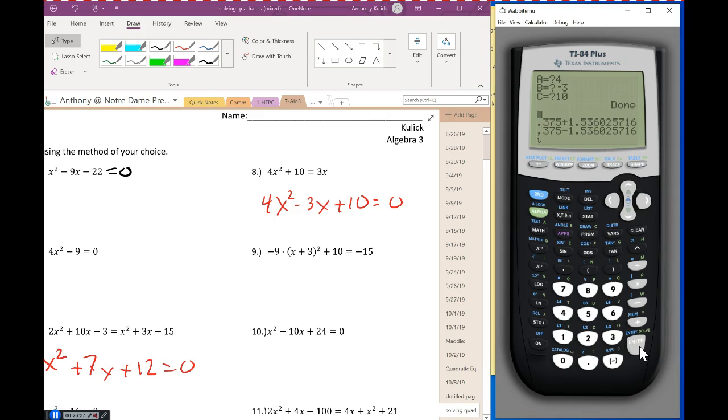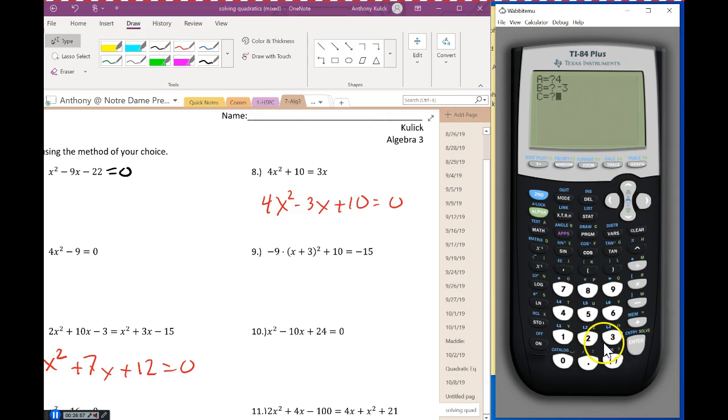So you should have got, most of us probably got an error when we tried to do 8. What did your error say? Non-real result or non-real answer. Why is that?